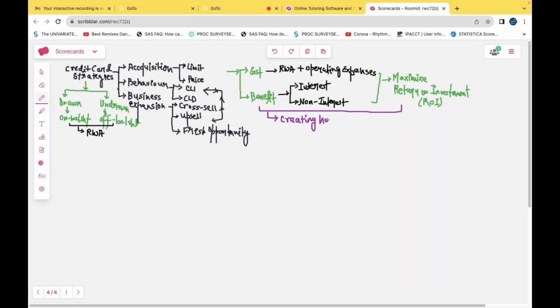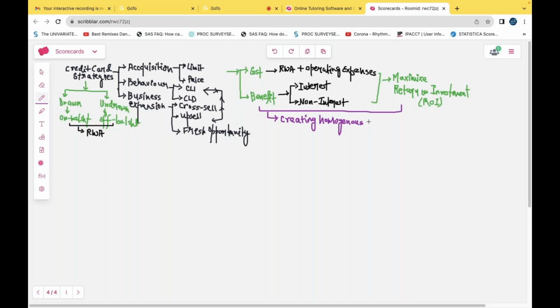So creating homogeneous subpools of loans. Now, because a credit card is a retail portfolio, the number of observations, or the volume of the portfolio, would be very high, right?